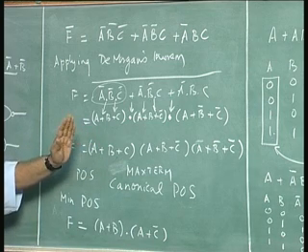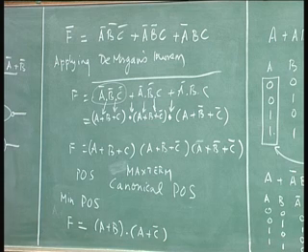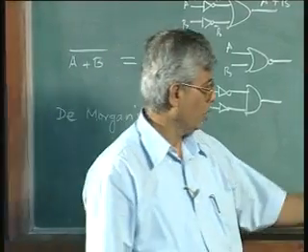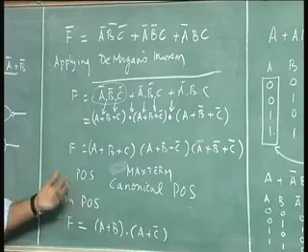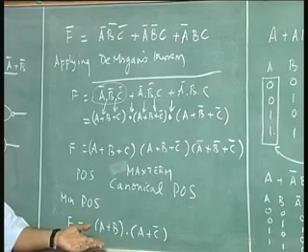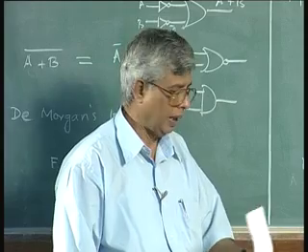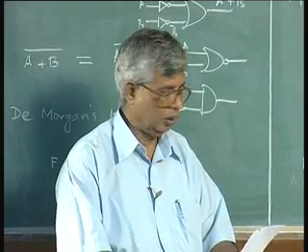I wanted to apply known Boolean identities, or unknown identities, any identity which I might have missed is also fine with me, and get it in a minimum product of sums, and that happens to be this form: A or B and A or C bar. So, can you do that as an exercise?